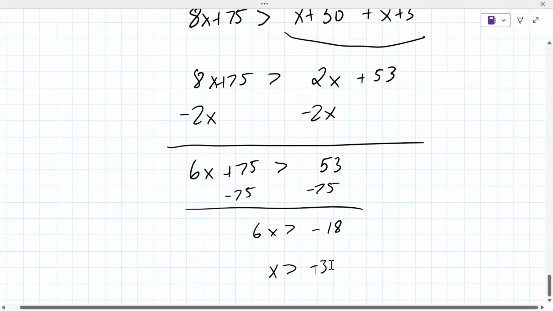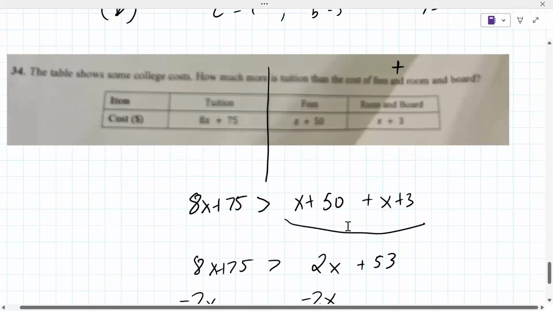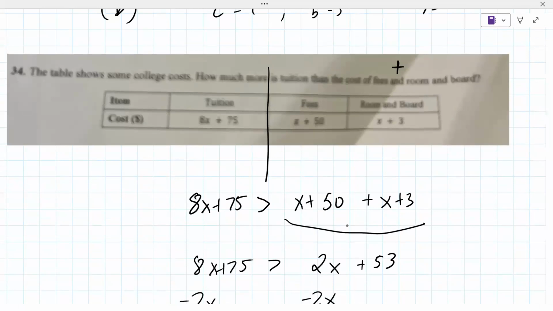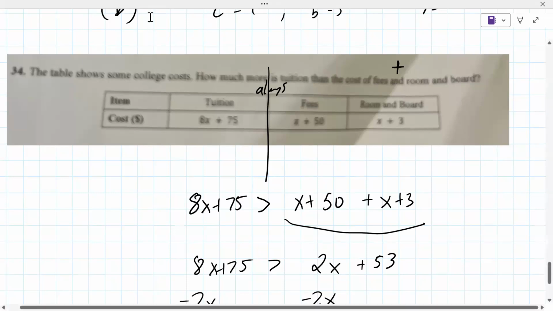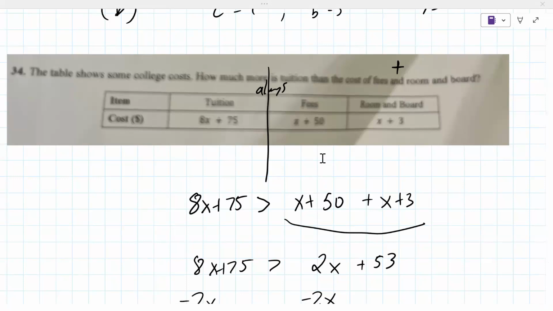I don't know how you would know this. I'm very confused, but we should just move on from this. I got that tuition was always greater. I don't know what to say, because it's not ideal.